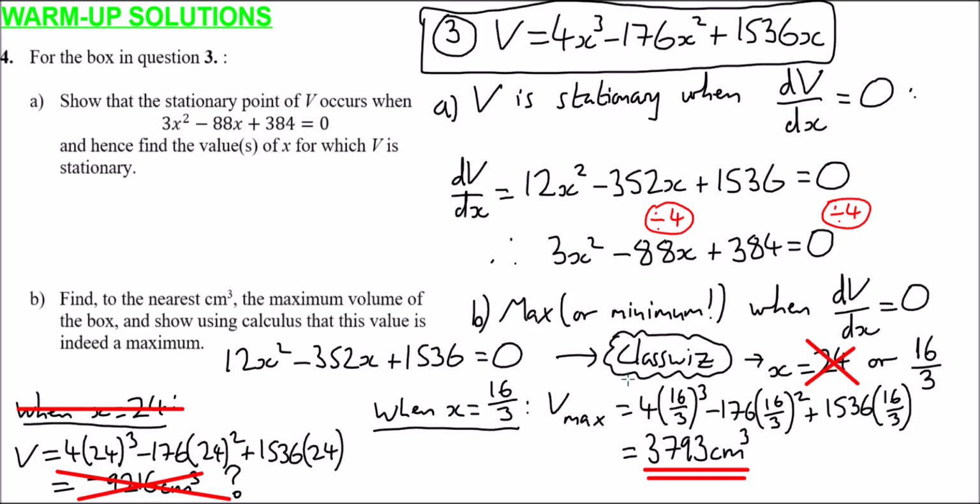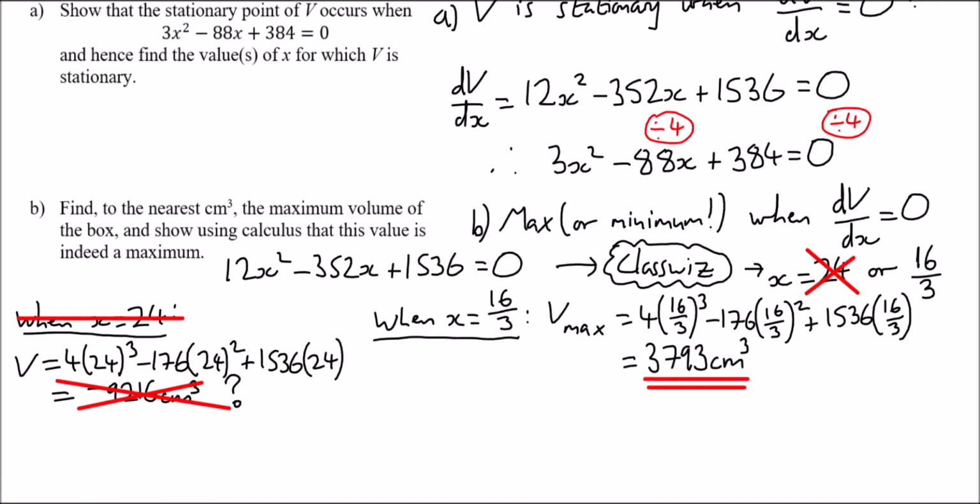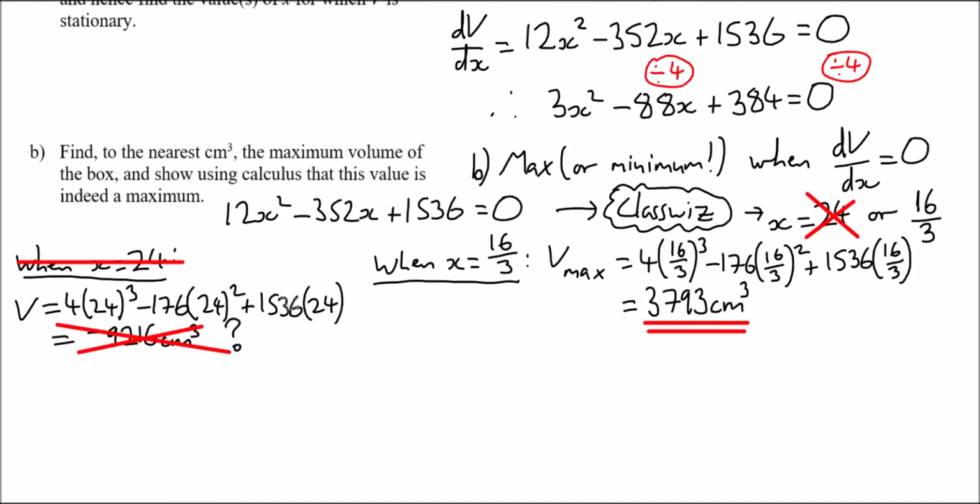Finally, using calculus, let's show that this is a maximum. So to prove it's a maximum, we take the second derivative. So we're going to do d squared v over dx squared. And what this means is we differentiate for a second time. So we're going to differentiate dv by dx.